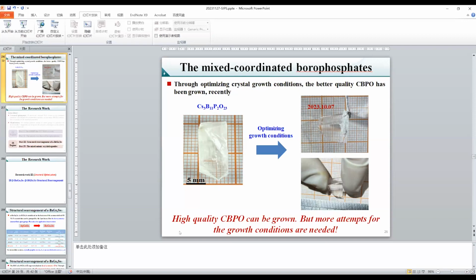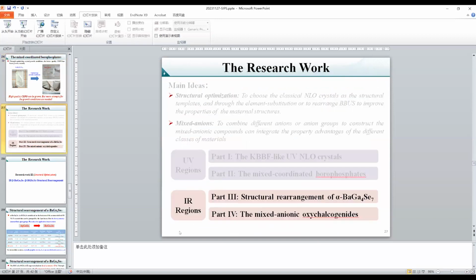This is our research work in the deep UV part. And we also do some research on infrared nonlinear optical materials, but because of the time limit, I will just go through these two parts very quickly.